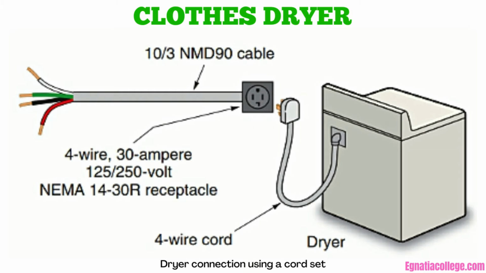A disconnecting means is not required for this appliance, since the attachment plug and receptacle may be used instead of a switch. Rule 26-746-2A. The receptacle can be wired with NMD90 cable if concealed wiring is desired. If the NMD90 is run exposed, it must be protected from mechanical injury.